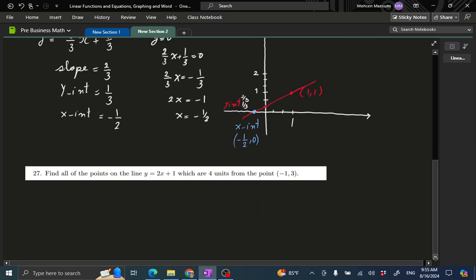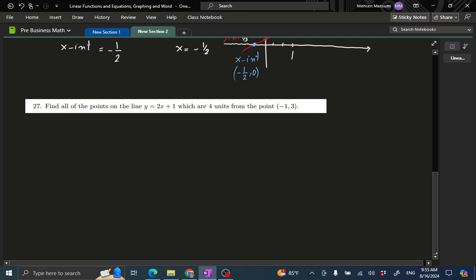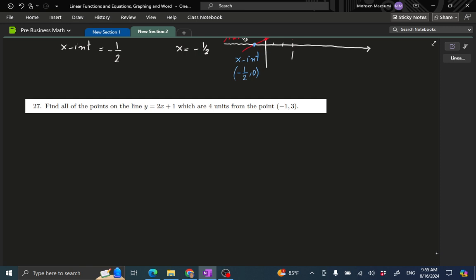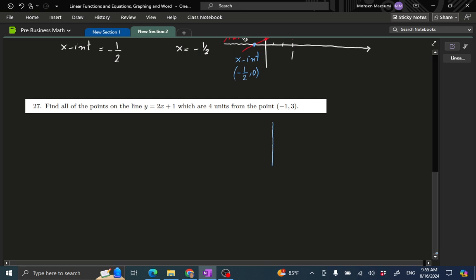What does that mean? First, when we encounter a problem like this, we try to draw a picture to see what this whole thing is all about. So I have 2x plus 1, so y-intercept is 1 and the slope is 2, so 1 unit to the right is going to take me up by 2, or at the 1 I'll be at 3, so I'll have a graph looking like this.